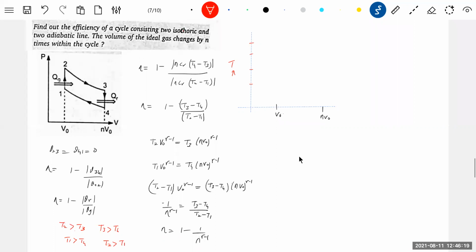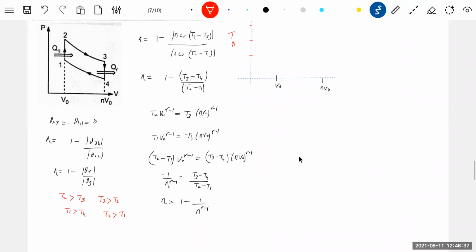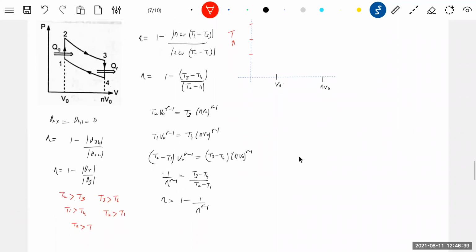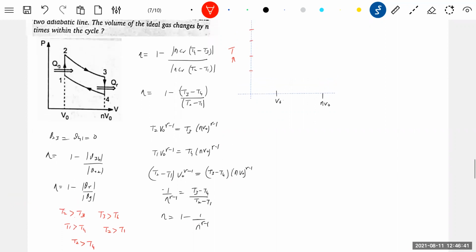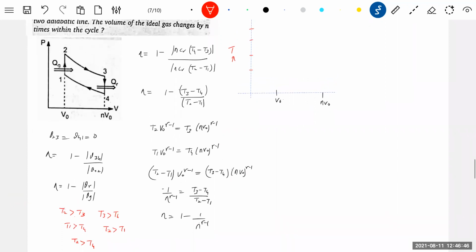So can we say anything about T3? At least I am very sure that T2 is greater than T4, no? Looking at the graph, okay, this is enough. So lowest is T4, highest is T2.